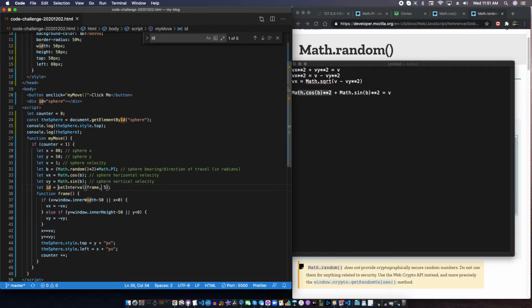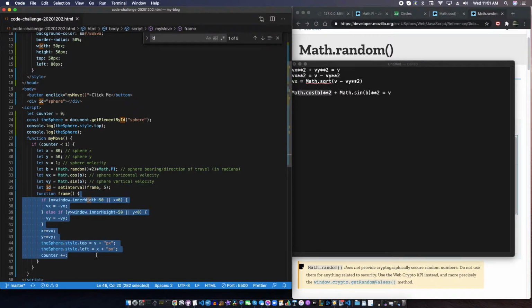Frame, okay, yeah. This is a function, so this variable equals this function, and by instantiating this variable and setting it equal to this function, I'm basically calling the function. So it's going to do this function every 5 milliseconds.